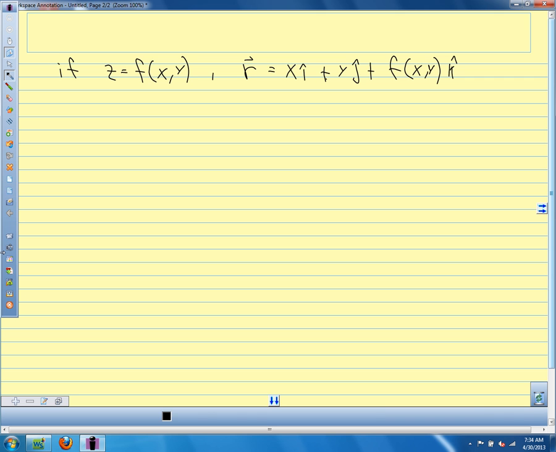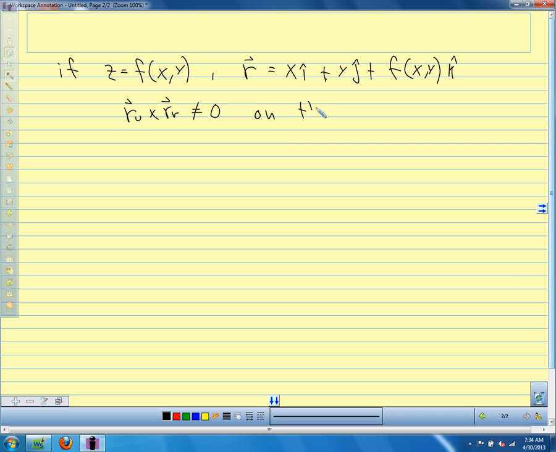And what we're assuming with this entire argument is that our surface is smooth. And what that means is that R sub u cross R sub v is not 0 on the surface.